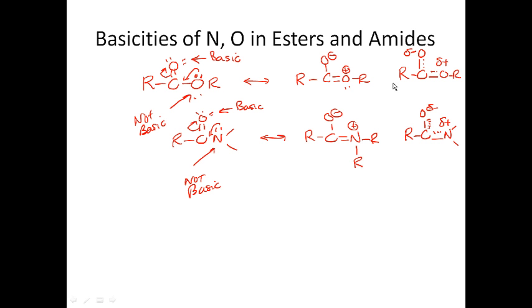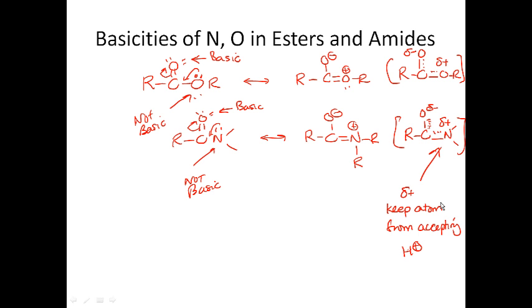So when you look at these two resonance hybrids, what you immediately see is the delta plus charge is what's going to keep that atom from accepting the H+.